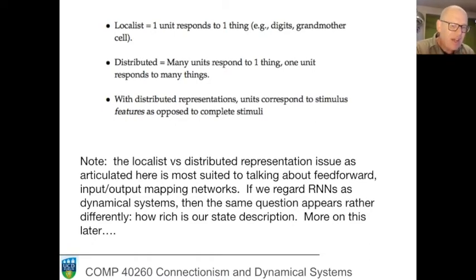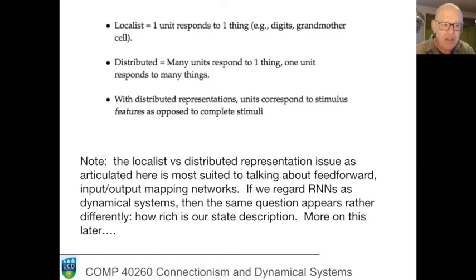Behind all this is the idea that an individual computational unit might represent on its own something out there in the world. You may have heard of the famous grandmother cell, a hypothetical neuron which would respond only to a presentation of your grandmother's face. A fiction, but inspirational nonetheless.